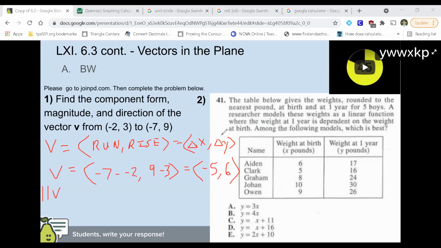The magnitude of v is the square root of the change in x squared plus the change in y squared. And that is 25 plus 36, or if you'd rather, 61.